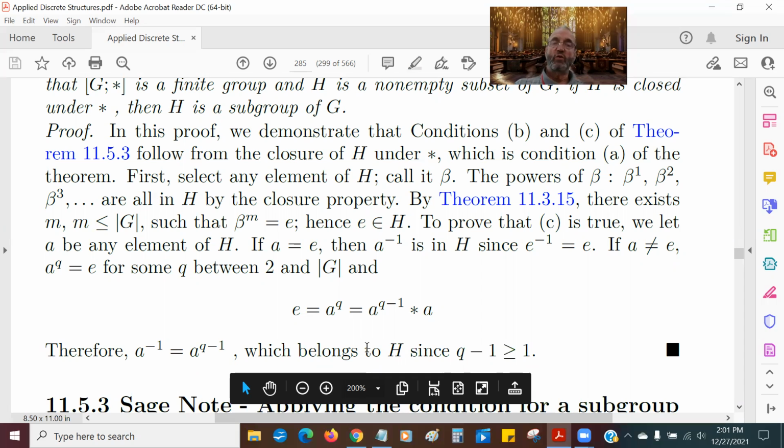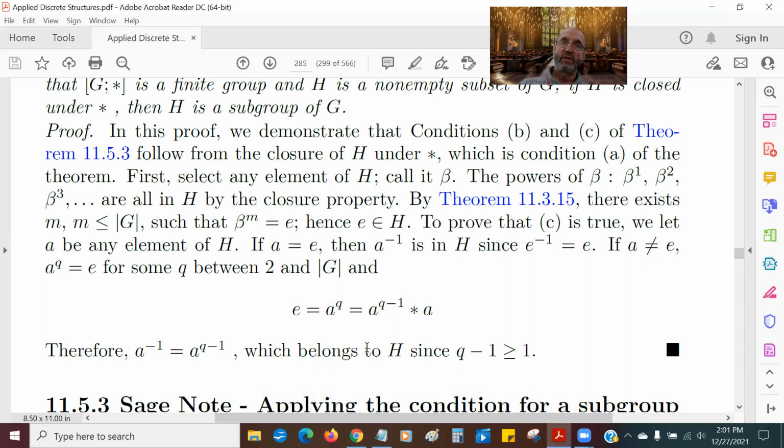So we've shown that, given that this subset of the finite group is closed, that forces us to have an identity, and that forces us to have inverses.